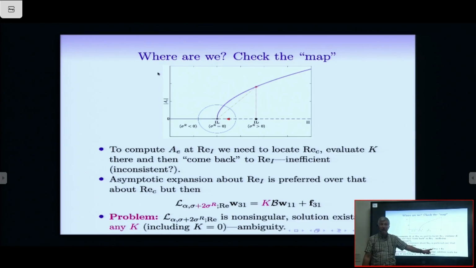W11 is already known. Is that clear? So that all fits together. So now we have an extra unknown and we have an extra condition, the orthogonality condition. And we know why orthogonality is required. And that's what we will need to solve numerically.